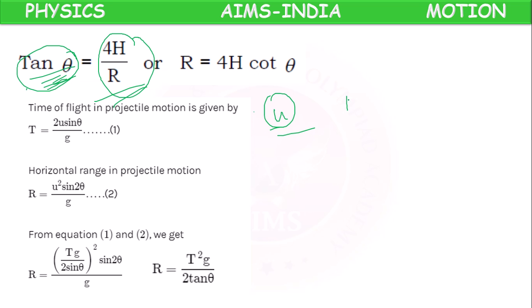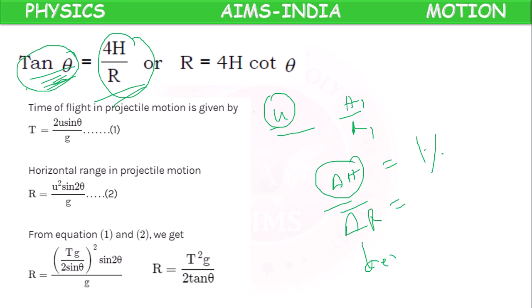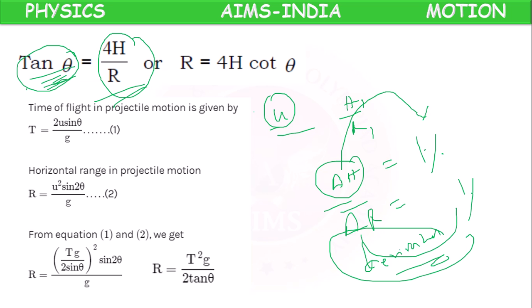If the change in H, delta H, is 1%, what will be the change in delta R? That we can do with derivatives, which we have not yet learned. So just remember, if the change in H is 1%, then range will also change by 1%.